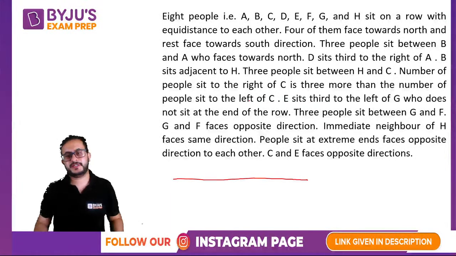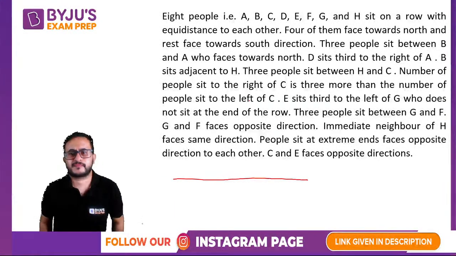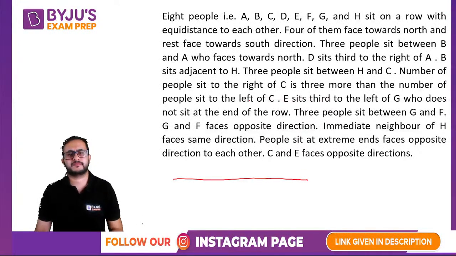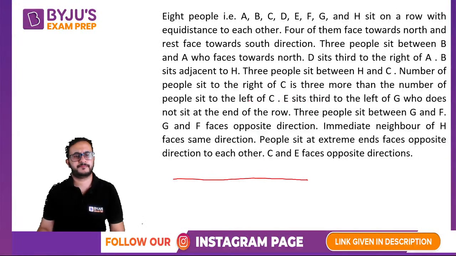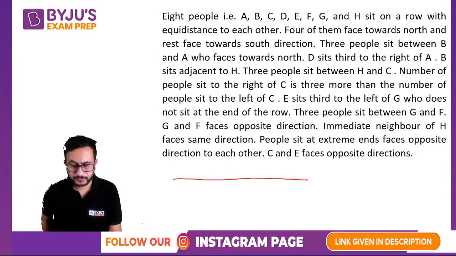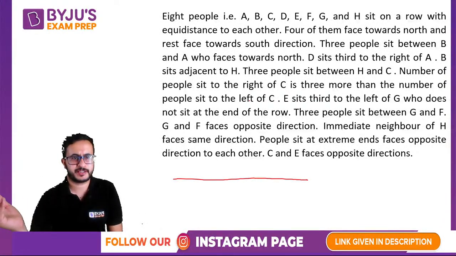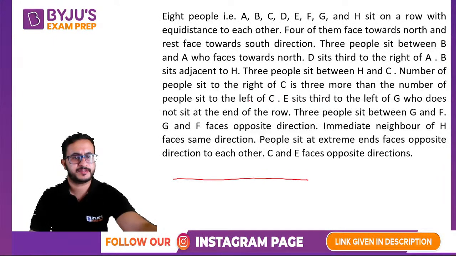These are the statements given to us, and you need to arrange this. You must first think from which statement we should start. Which statement would give you the least possible number of cases? That should be the best start, because that is what matters.